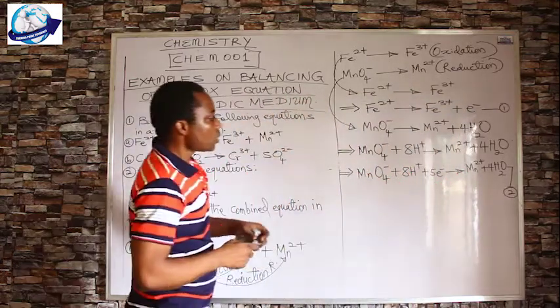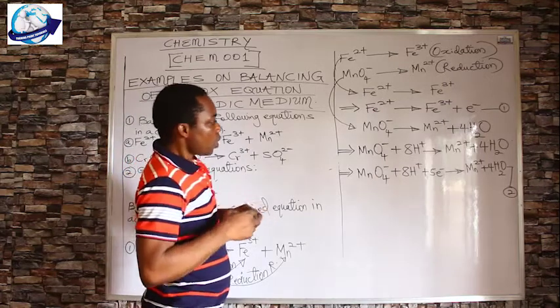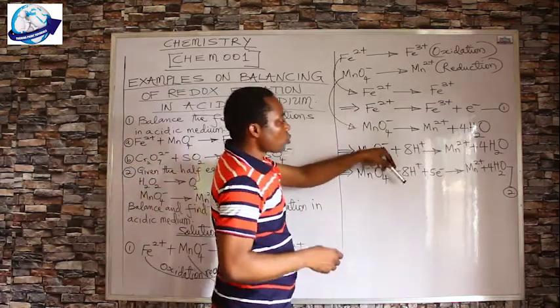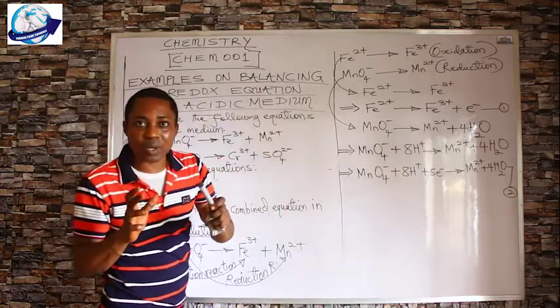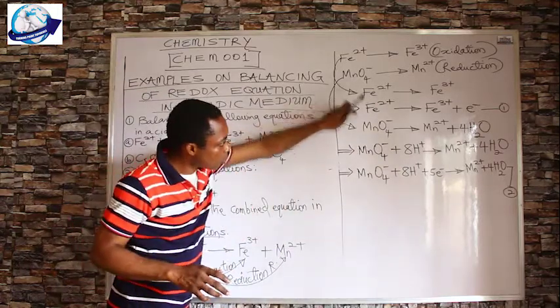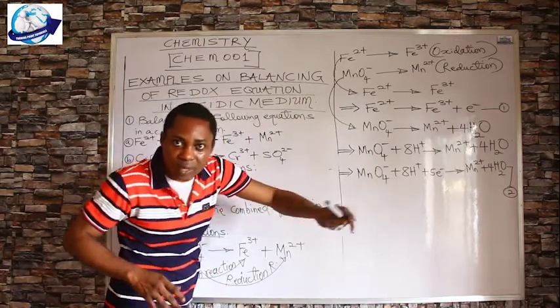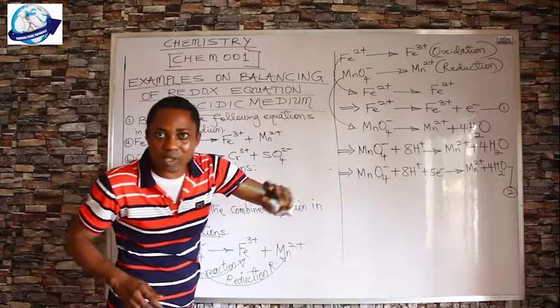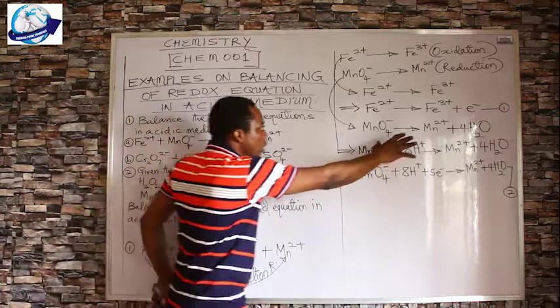Then the next thing, look at equation 1, look at equation 2. When you consider equation 1 and equation 2, something should be done. Equation 1 is balanced, equation 2 is balanced, completely balanced. Electrons are balanced, charges are balanced, oxygen is balanced, hydrogen is balanced, number of atoms left and right are all balanced for equation 1 and equation 2.